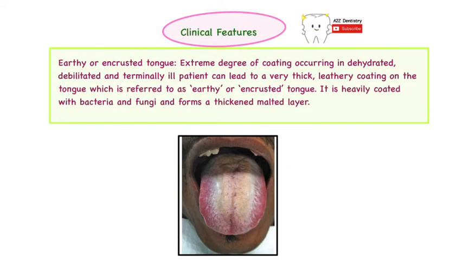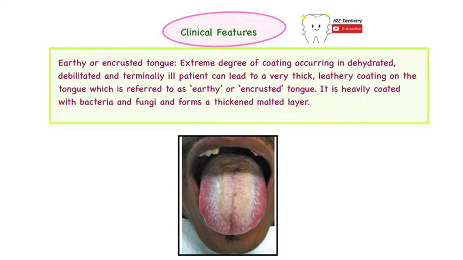Moving on to a separate entity which is known as black hairy tongue's relative, the coated tongue. As the name explains itself, this lesion is basically something which appears as a heavily thickened or matted layer over the dorsum of the tongue. Now, this kind of lesion is usually seen in patients who are chronically ill, patients who are dehydrated over a longer period of time, or patients with a lot of comorbidities.